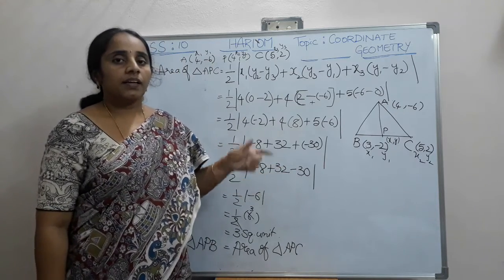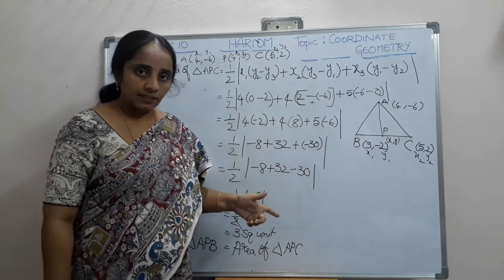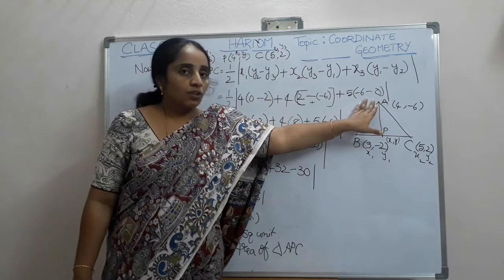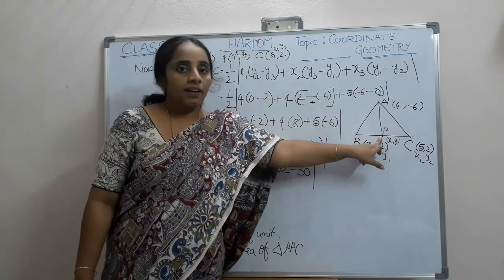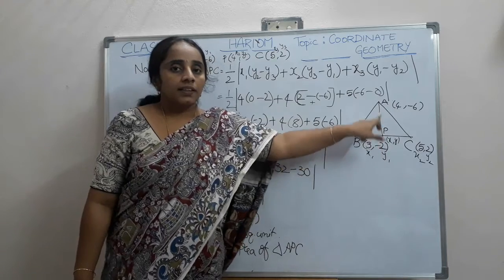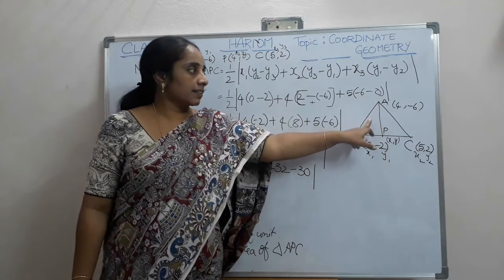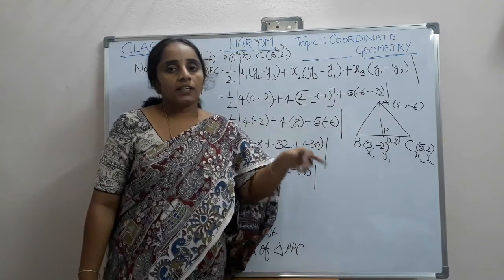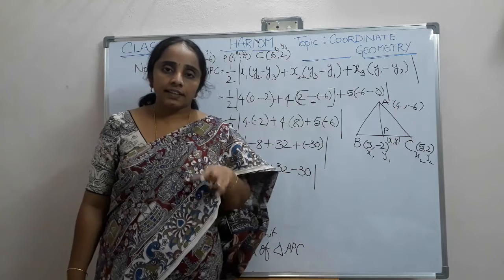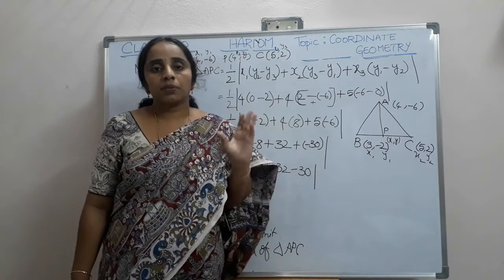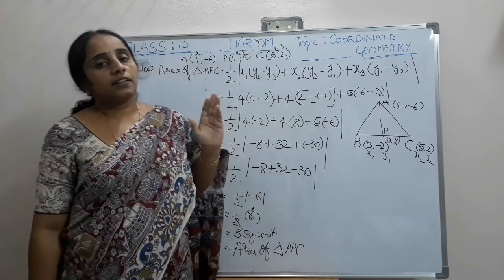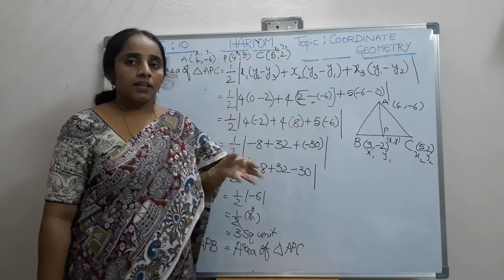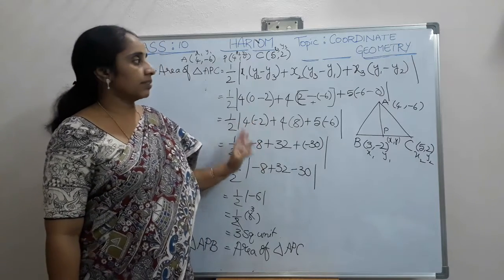A median is a line segment joining the opposite vertex to the midpoint of a line segment. That median divides the triangle into two triangles which are equal in their areas. The same concept we have learnt in 9th class as a theorem. The same here we proved with numericals.